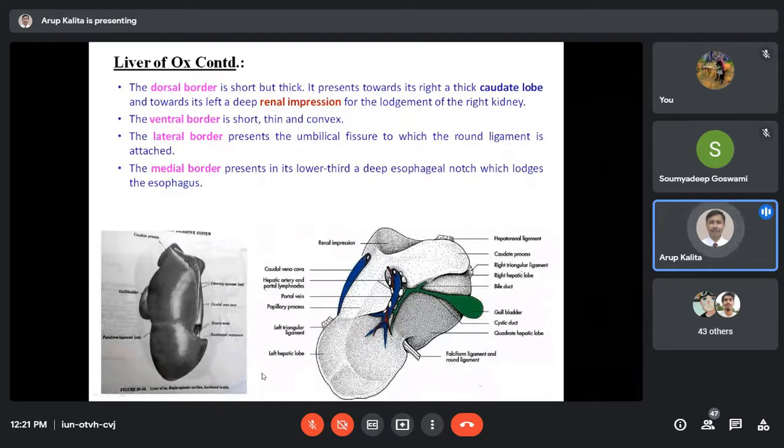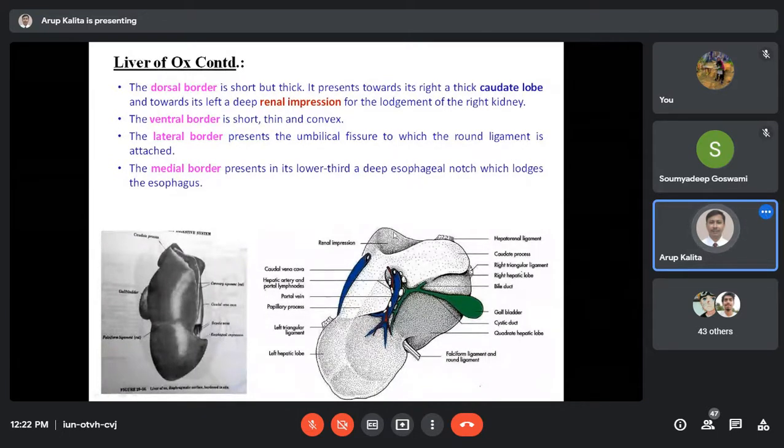So how many borders? Four borders: dorsal, ventral, lateral, medial. Surfaces: this is parietal, this is visceral. In the parietal surface, you will get the falciform ligament. In the visceral surface, you will get the omasal impression, reticular impression, and the portal fissure. Now the dorsal border, what will you get?